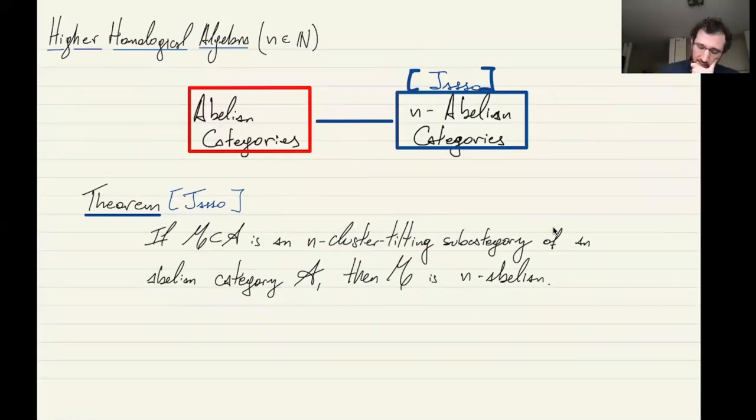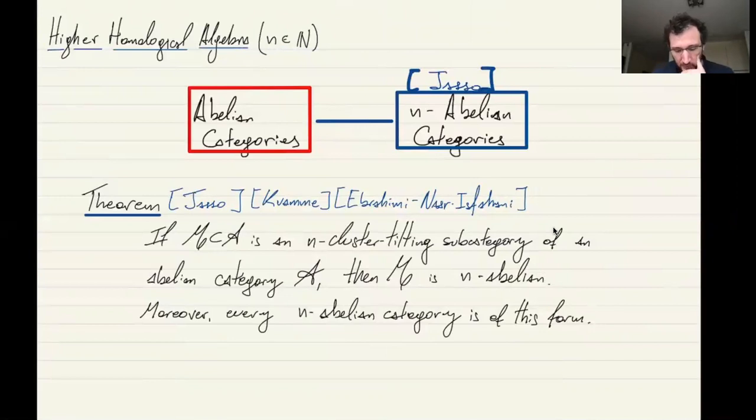And last year in May, in two works independently by Kvamme and Ebrahimi and Nasr-Isfahani, they have shown that all n-abelian categories are of this form. All n-abelian categories are the n-cluster tilting subcategory of a suitable abelian category, right?